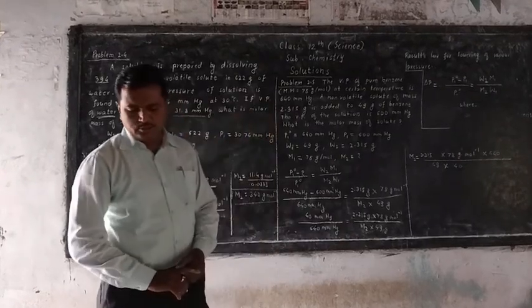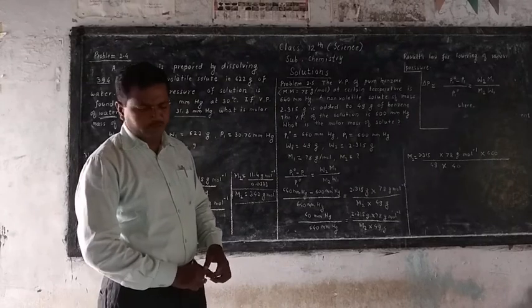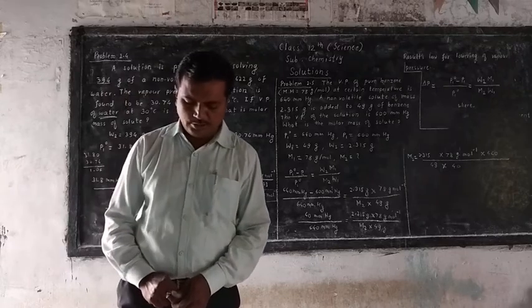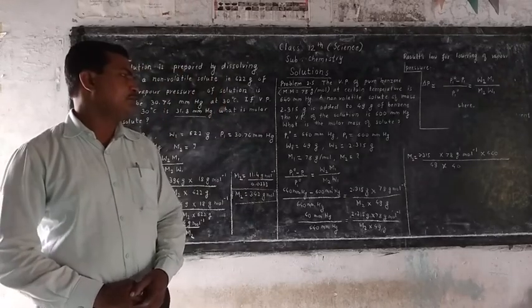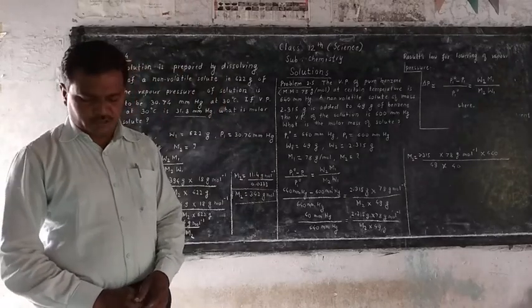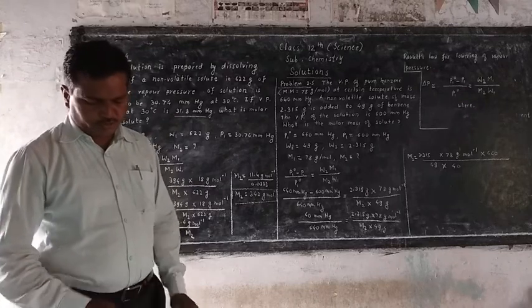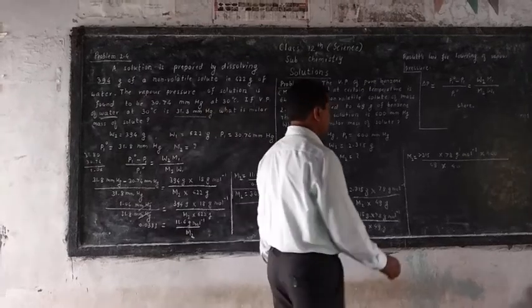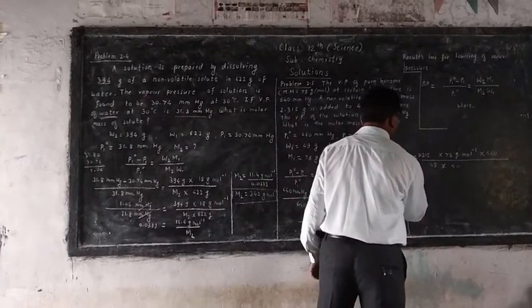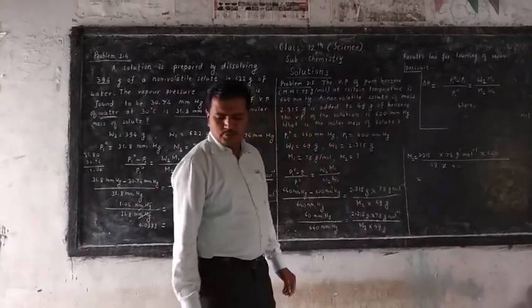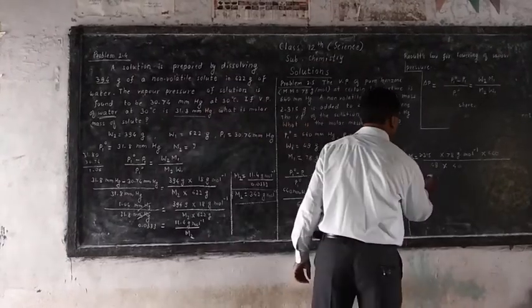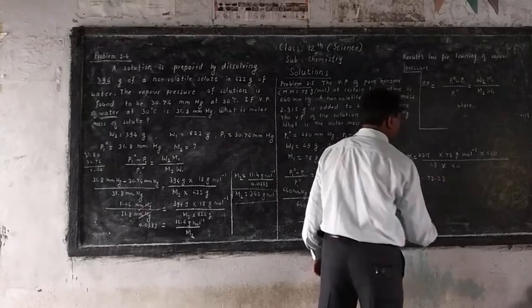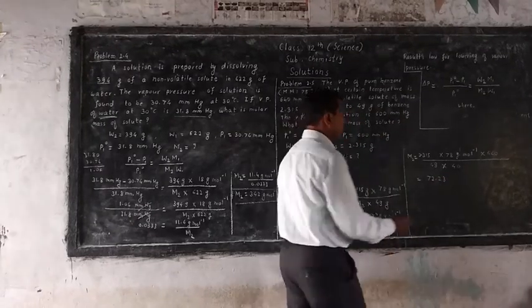So M2 will be, by calculating these various terms using a logarithm table or any other method except a calculator, 72.23 gram per mole.